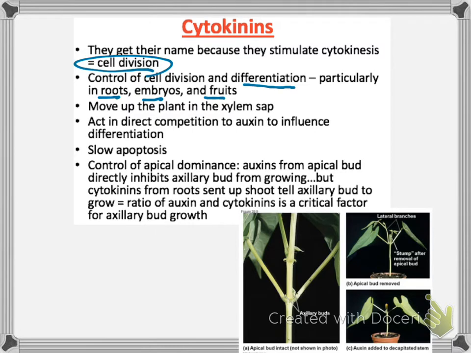And meristems are the tissues in most plants that contain undifferentiated cells, meristematic cells. They're going to be found in zones of plants where growth is taking place. Those meristematic cells can give rise to a various amount of plant tissues. Again, they're responsible for growth, and cytokinins play a major role in that.